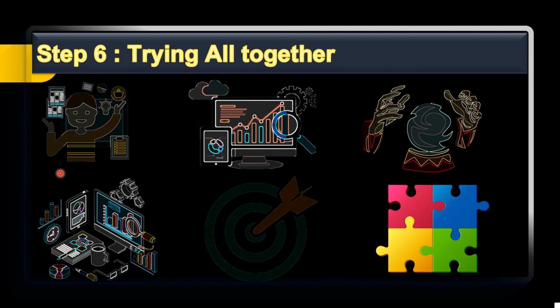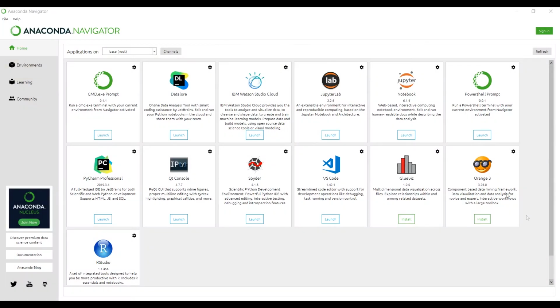Now for that you need to install Python on a system and use the Jupyter notebook or the Python shell. I am using the Anaconda Navigator, which has all the things required to do the programming in Python. We have the JupyterLab, we have a notebook, we have the Qt console, and we even have RStudio as well.